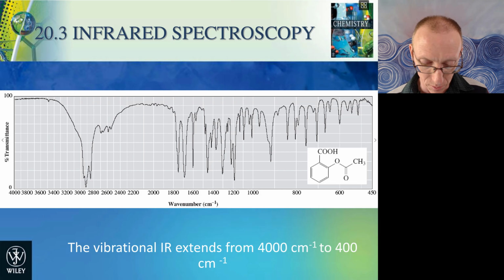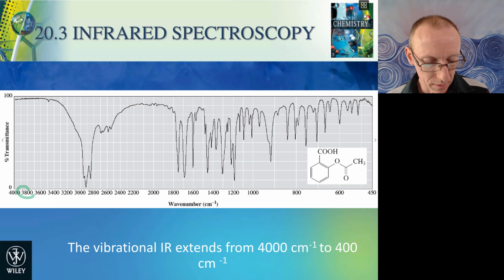One is that we use a unit of measurement called the wave number, which is centimeters to the -1, or reciprocal centimeters. So it's a bit of a strange unit, and because it's the reciprocal of a distance, it actually corresponds to a frequency. So high numbers are high frequency and low numbers are low frequency.